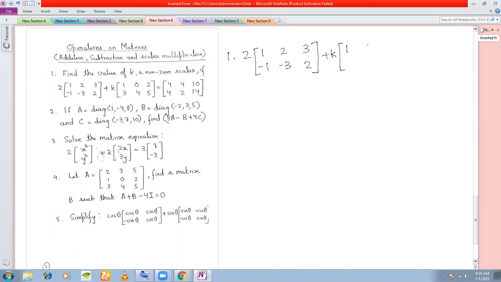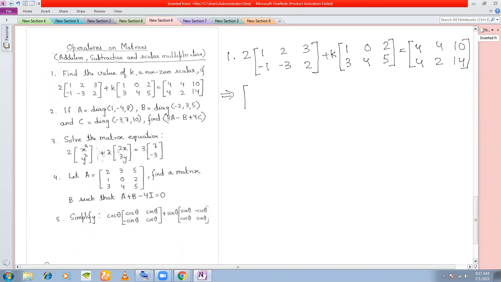This is the equation that is given to you: plus k times [1, 0, 2; 3, 4, 5] is equal to [4, 4, 10; 4, 2, 14]. Next we want to find out the value of the scalar K. So first we multiply everything by this scalar. 2 into this matrix means 2 multiplied by each element of this matrix. 2 into -3 is -6, and this is 6, this is 4.